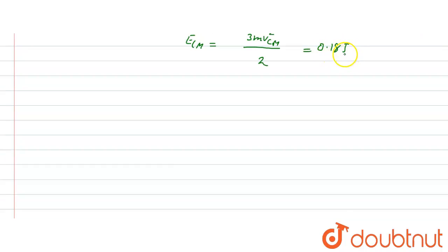That means the remaining energy oscillates between kinetic and potential energy during the motion of the blocks.